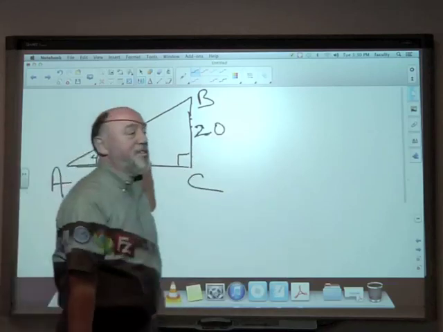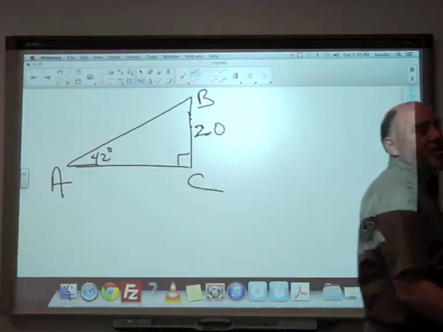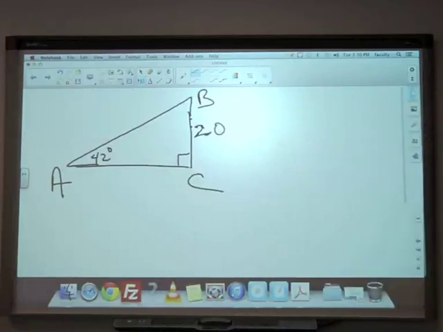So I got 3 pieces of information. I want the other 3: the measurement of angle B, the measurement of side B, and the measurement of side C.